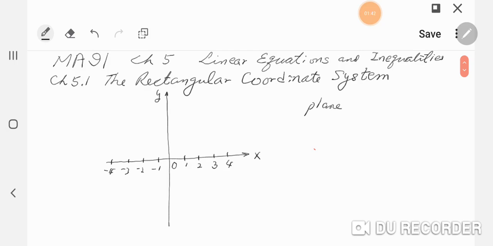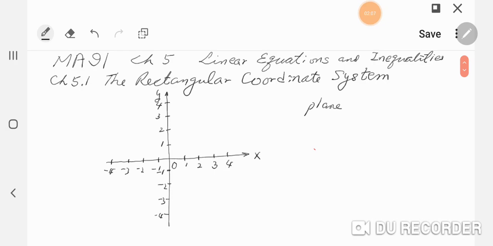And the vertical number line is the same thing. As you go up, the number will increase: 1, 2, 3, and so on. As you go down, the number for this number line y, the y value, will decrease: negative 1, negative 2, negative 3, negative 4.